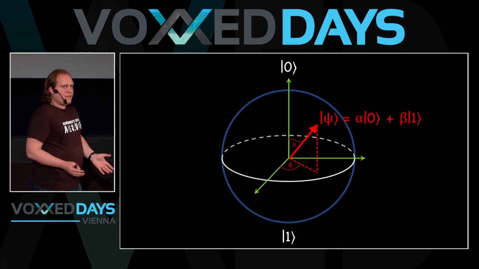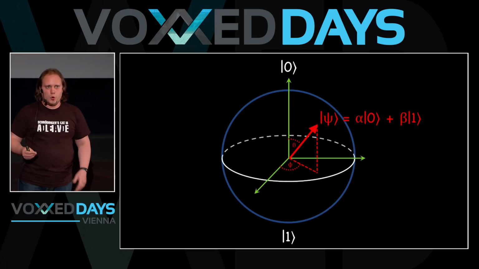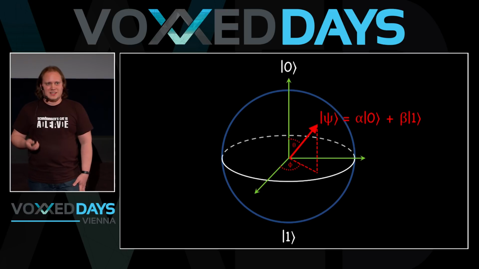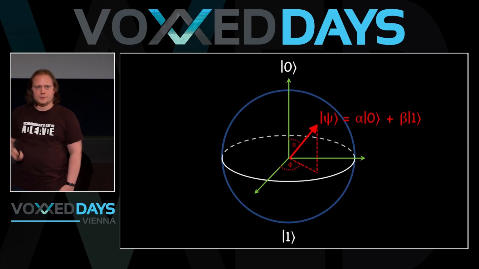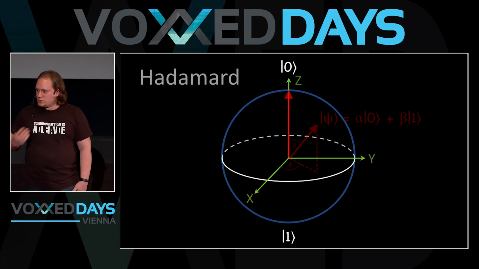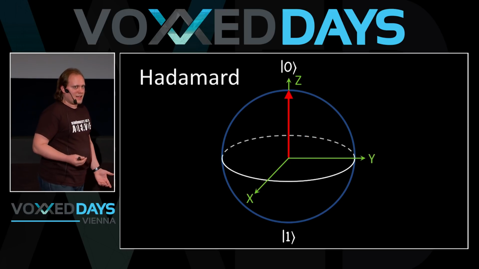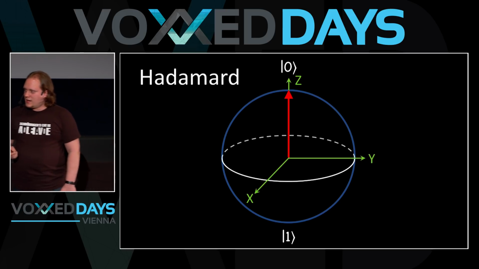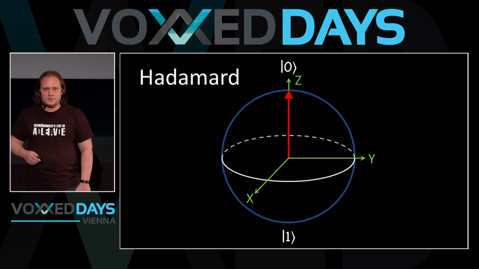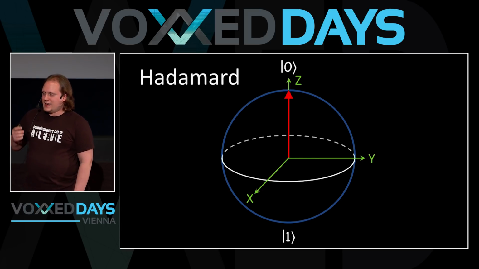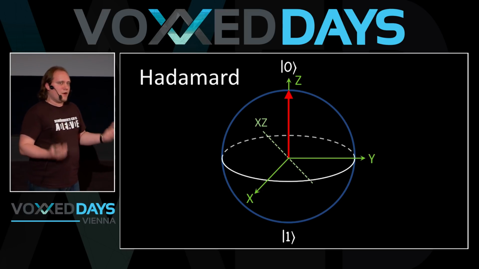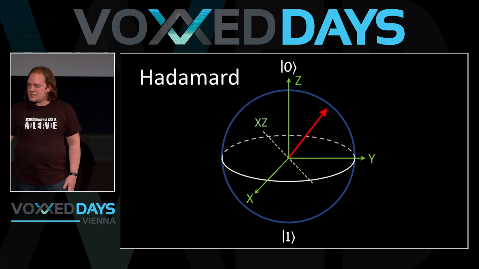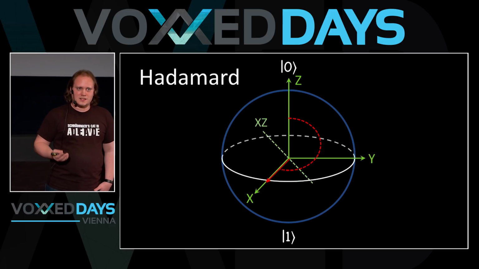Now, like with any binary computer, or generally binary electronics, we can use certain gates to modify our qubits. So the first one I want to talk about is the Hadamard gate. If we have our qubit, in this case in 0 state, and we apply the Hadamard gate, it imagines that there's a further axis between the x and the z axes, and then spins our vector around that axis.